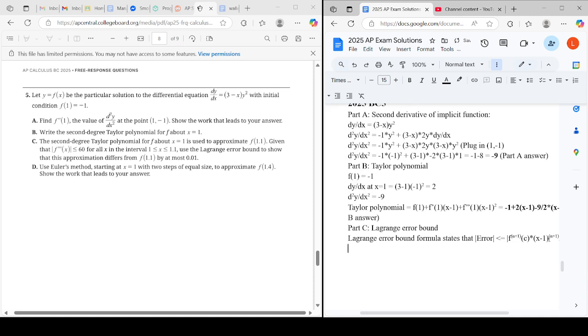So we're going to sub in values here. The n plus 1 derivative at c represents a maximum on the closed interval suggested.